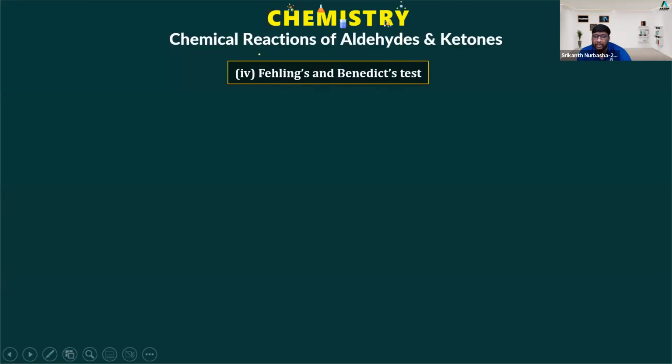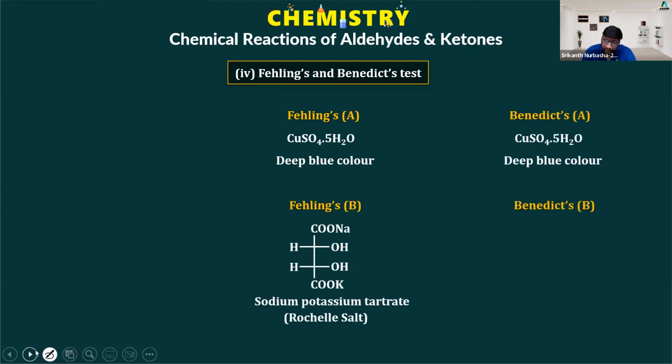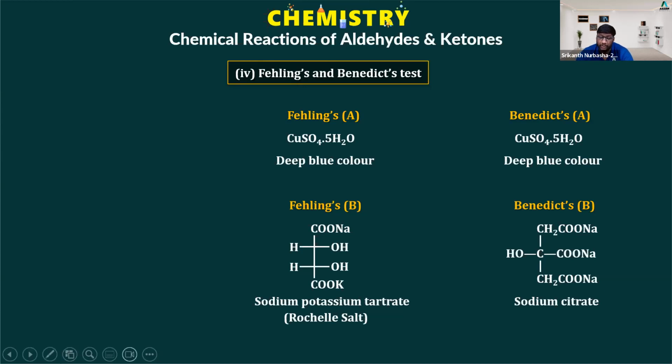The next type of milder oxidizing agents are Fehling's and Benedict's tests. Fehling's solution, Benedict's solution: Fehling's A, Fehling's B, Benedict's A, Benedict's B. Fehling's A is CuSO4.5H2O. Benedict's A is also CuSO4.5H2O, which is deep blue in color. Fehling's B is sodium potassium tartrate, Rochelle salt.